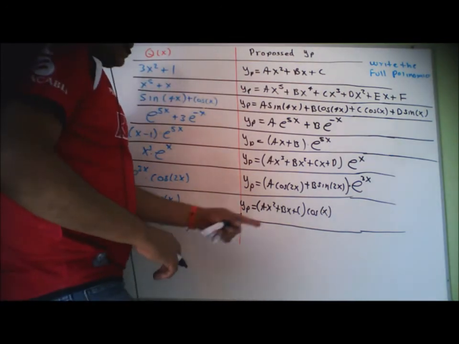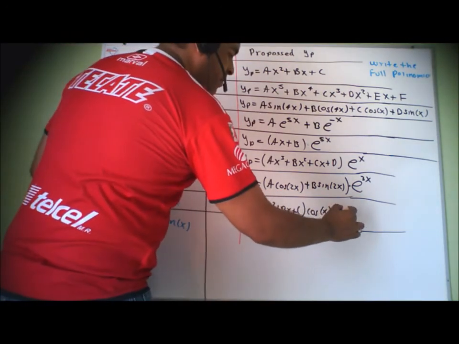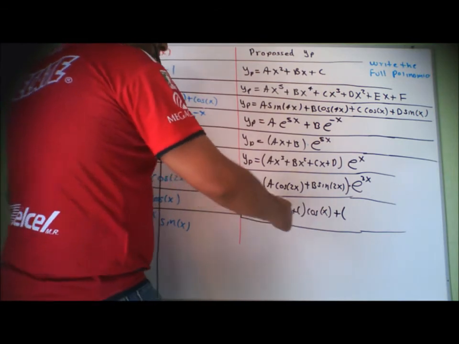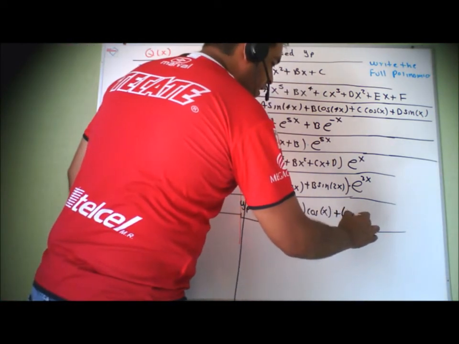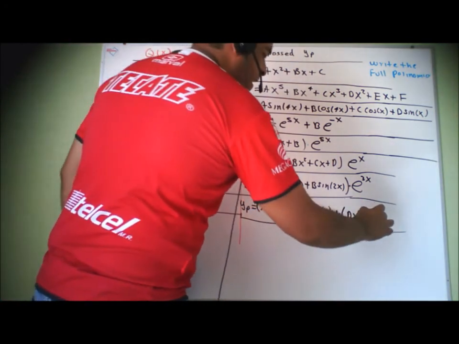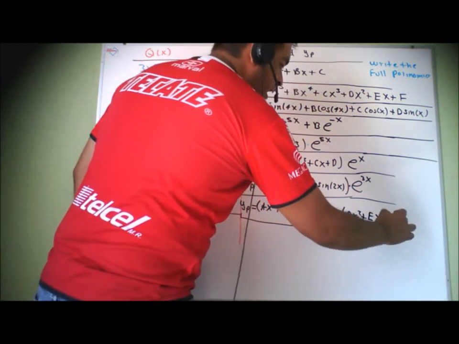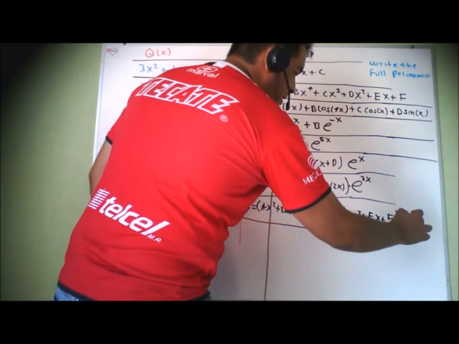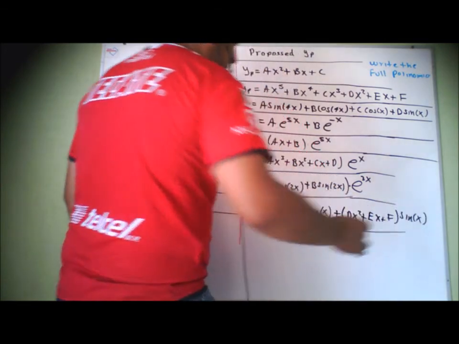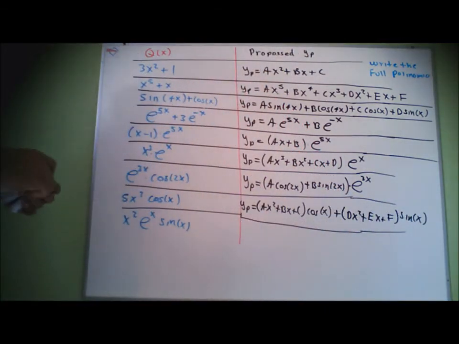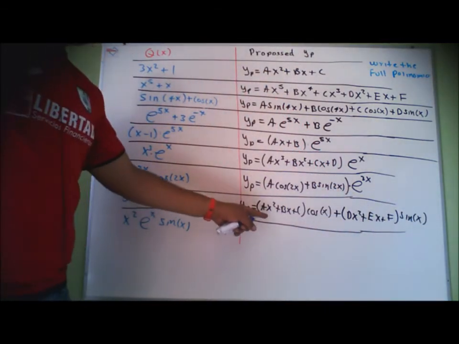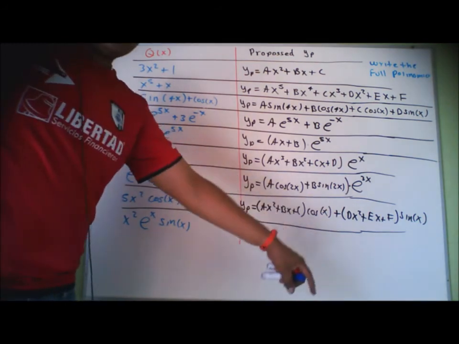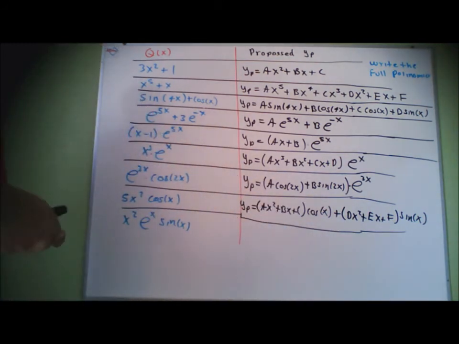And because it's a sine, you have to write again the full polynomial: d x squared plus e x plus f, times the sine of x. So this should be a very long problem, because it is 6 coefficients. It's going to be a very, very difficult and very long problem.